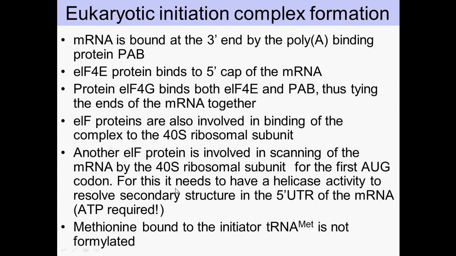We don't need to worry about that. And then to scan through the 5' UTR, you need helicase, which needs energy because there are hairpin formations and secondary structures which need to be broken by helicase. And the methionine is not formylated in eukaryotes.